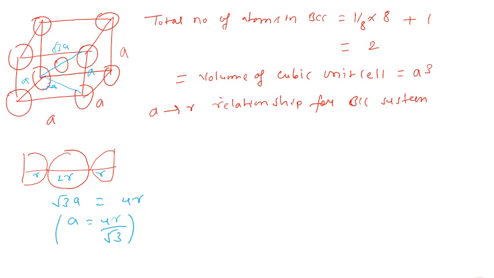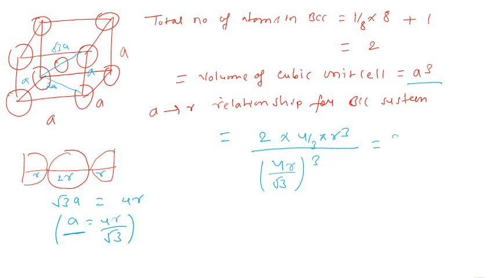Now we can put in our formula: 2 into the volume occupied by a single atom, 4 by 3 pi r cube, divided by a cube, which is the volume. If I put the value of a in this, then this will be 4 by root 3 r to the power 3.